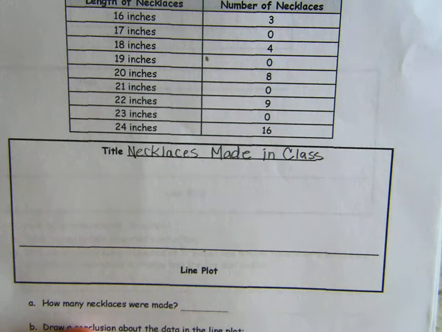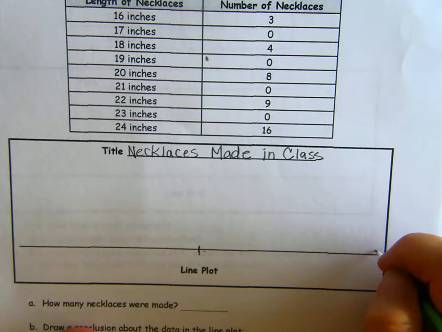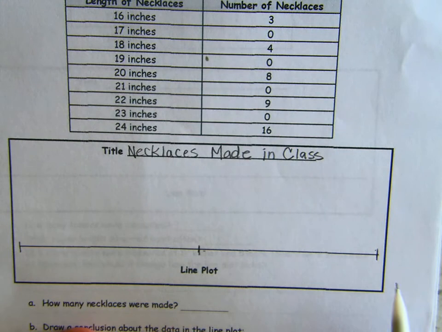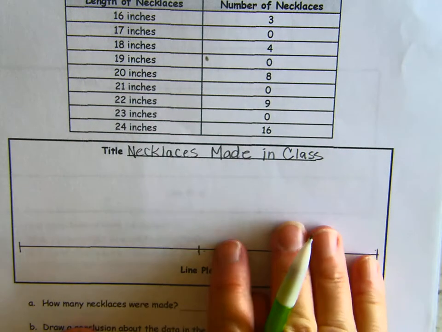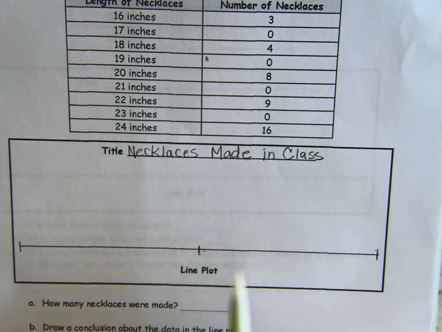So again, I'm going to do one about in the middle, a line at the ends, and we are going to do 4 on either side of that middle line. So with the end mark, I need 3 more sections.